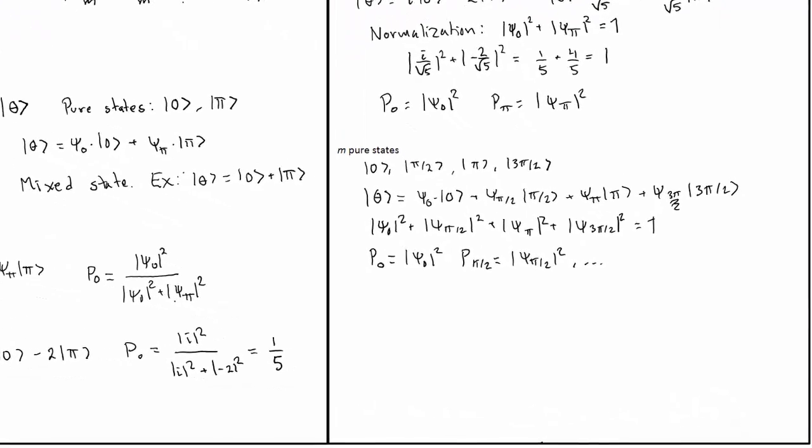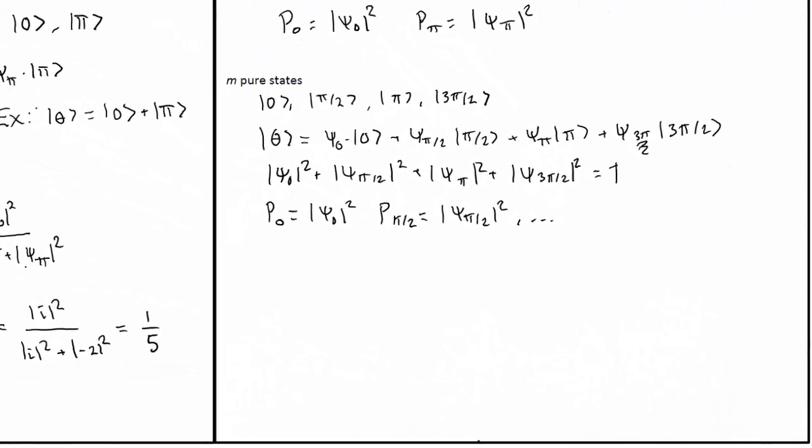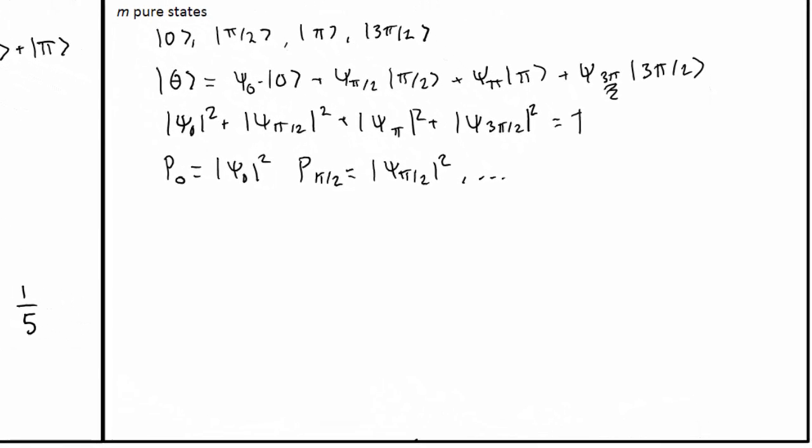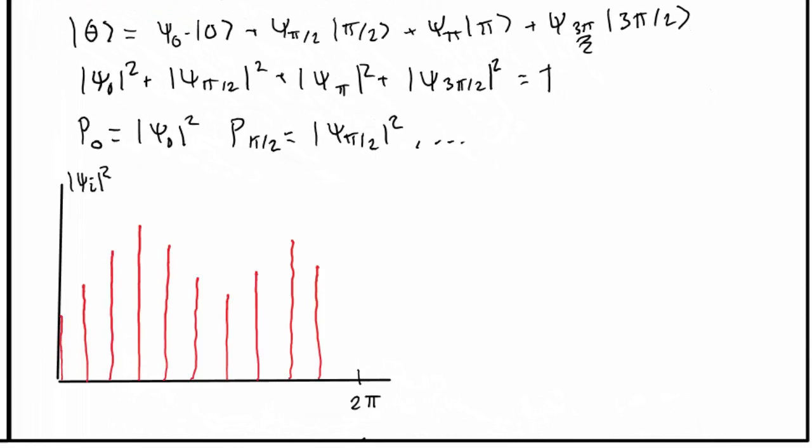There will be no additional information in the system in addition to these m complex numbers. Further, the length of each of these complex numbers will give us the probability distribution function, the probability that we will find the electron in a given hole.